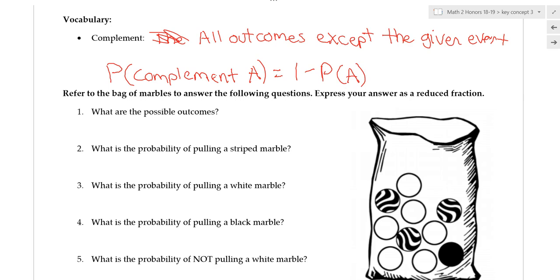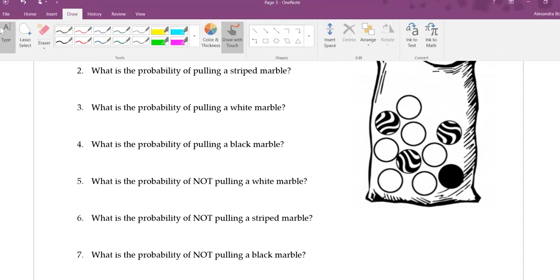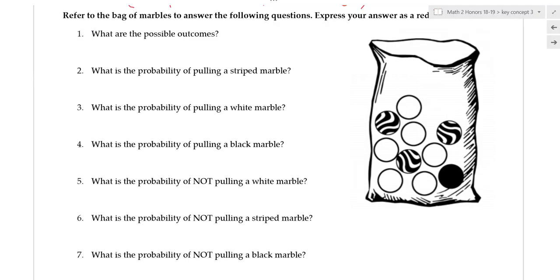We're going to actually look at two different things here. So looking at number 1, what are the possible outcomes? Well, I have white, striped, and black.